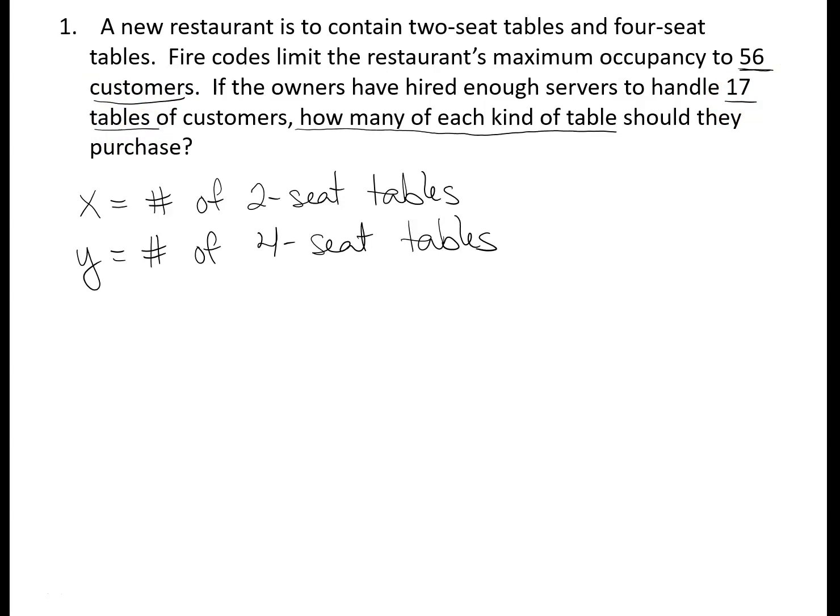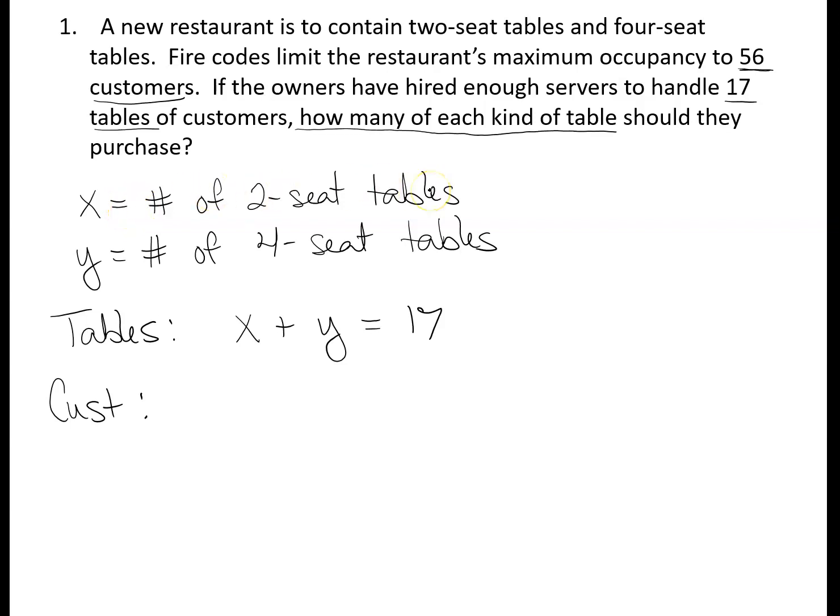So let's start with tables. X and Y are representing number of tables. So if there's 17 total, then we could say X plus Y equals 17. And then let's do an equation for customers. So let's think about the 2-seat tables.